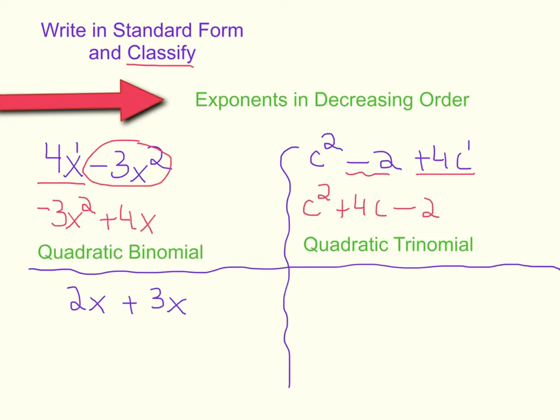Okay, in example 3, we have 2x plus 3x. Now, this is a special example because 2x and 3x are like terms because they have the same exponent. So you first want to combine them. That together equals 5x, which has highest exponent of 1, and it's only one term, so it is a linear monomial.